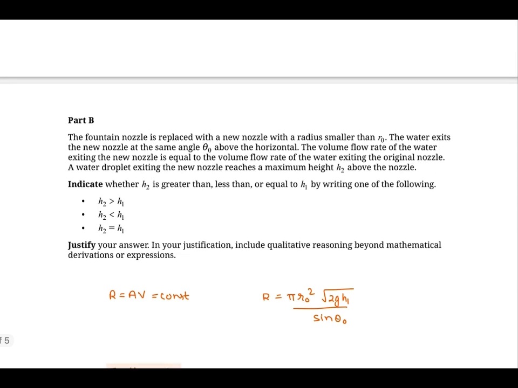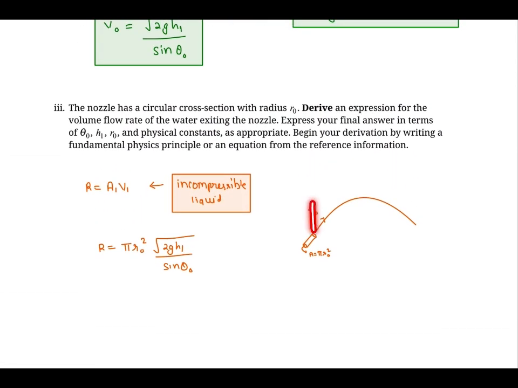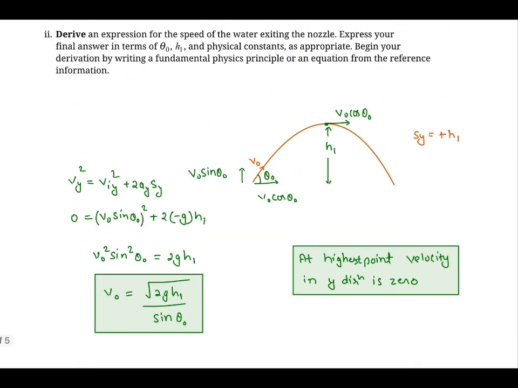So if velocity is increasing, you see here, if v naught is increased, then velocity in y direction, that is v naught sine theta, will also increase. So if v naught sine theta is increased, then as per this formula, height achieved will be more.